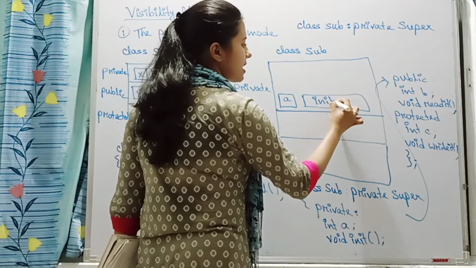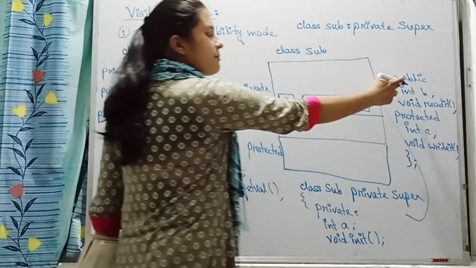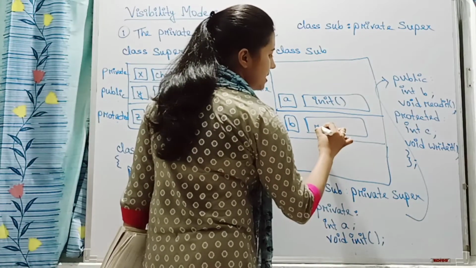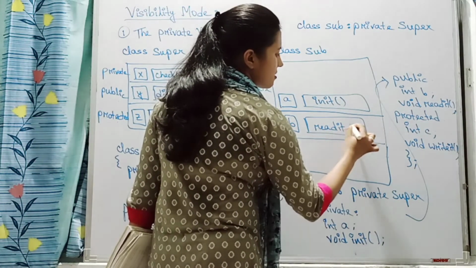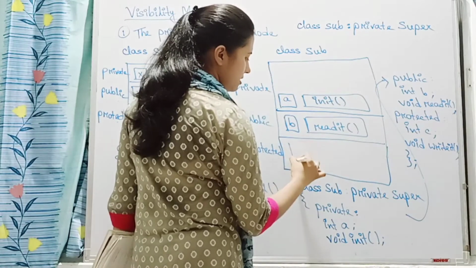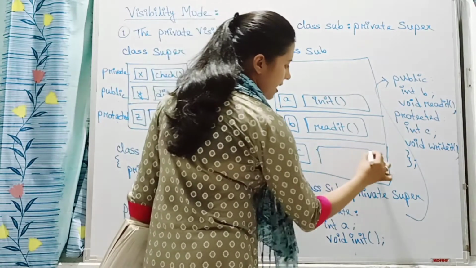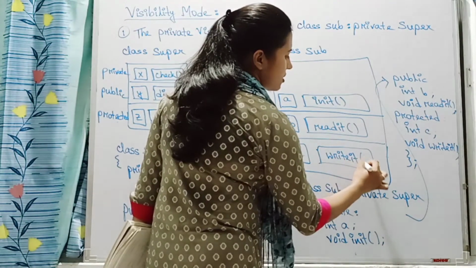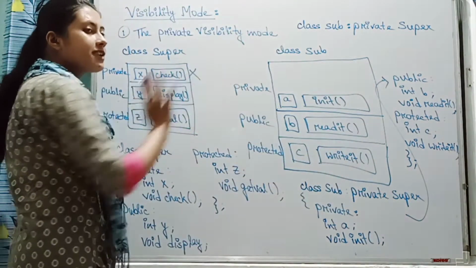In the public section B and readIt are defined. And under the protected section C and writeIt are defined. Okay, so this is the definition of class sub.